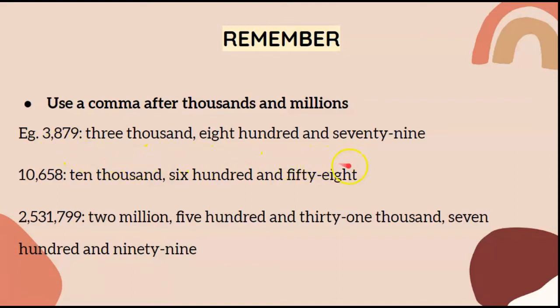Here you have some other examples. And this is the very large number that I showed you at the beginning of this class, yes? This is how we read it in English. 2,531,799. Very large.